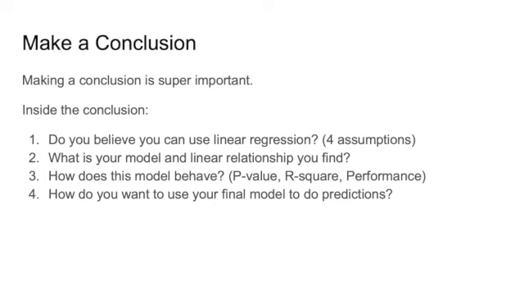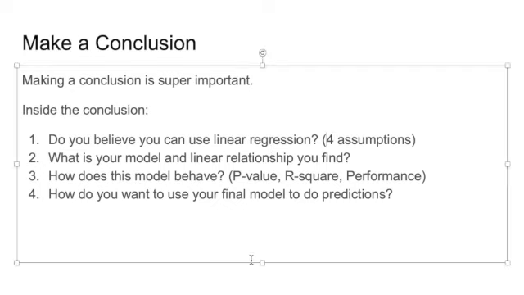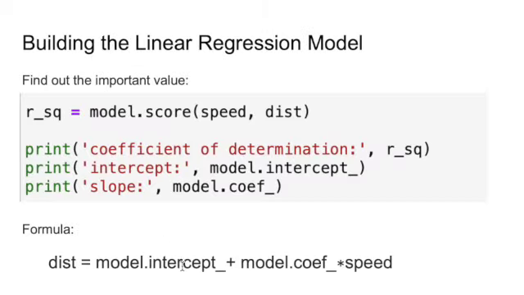Firstly, do you believe you can use linear regression? So I have to check the 4 assumptions. Second, what is your model, the linear relationship you found? That is the formula you found here. You have to put in the real values of your model intercept and model coefficient.